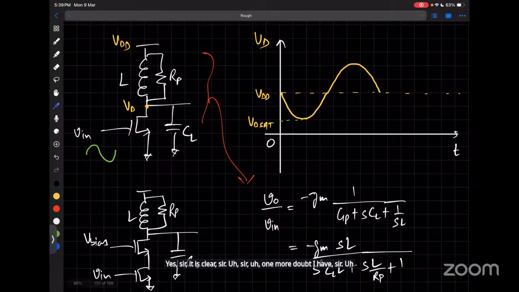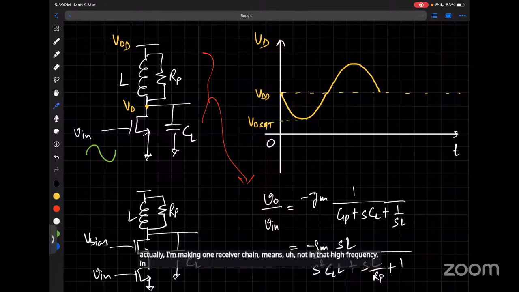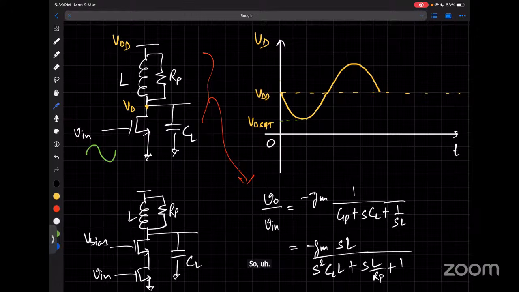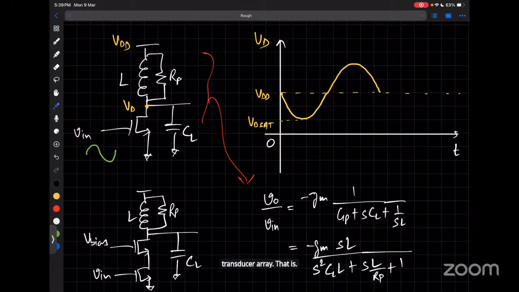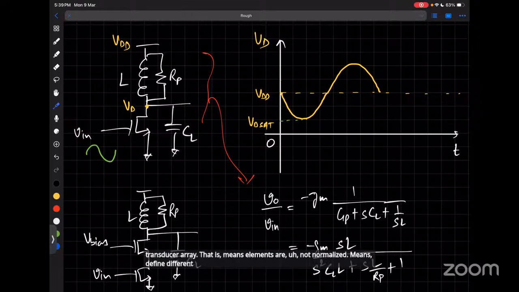Actually, I'm making a receiver chain, not at that high frequency, in the kilohertz range, for ultrasonic and sonar application. Our sensor is an array, a transducer array, where the elements are not normalized, with different tolerances for the sensor.